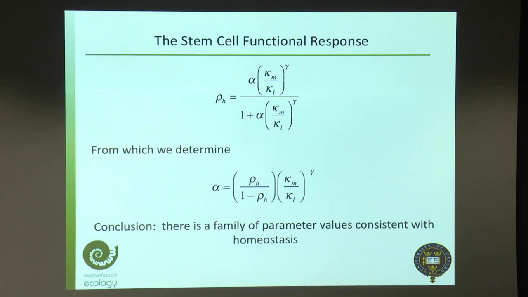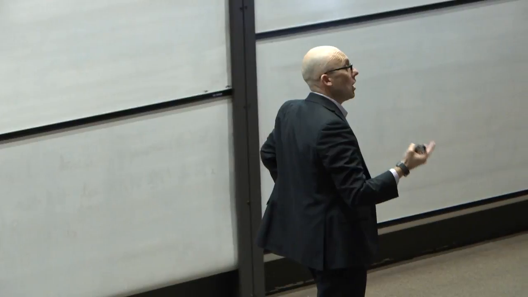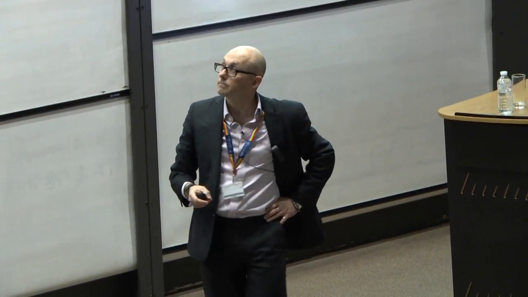And it's given by, how many should I produce is in proportion to how many are there. This is the ratio of myeloid cells that are there to lymphoid cells that are there. And then there are some parameters, alpha and gamma, that we want to understand, what they look like and what values they should have that give us a homeostatic state.